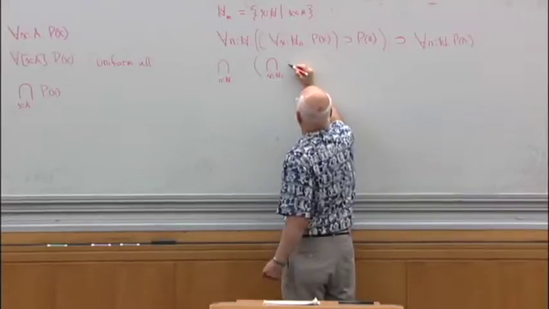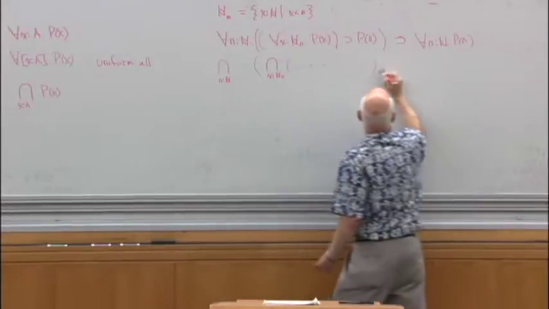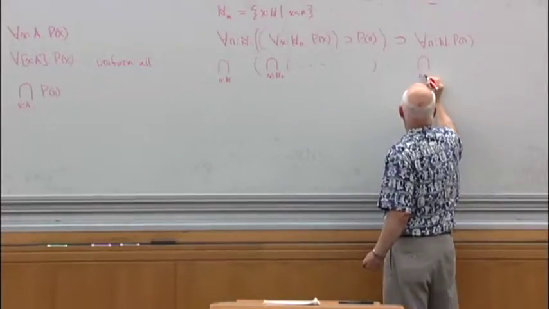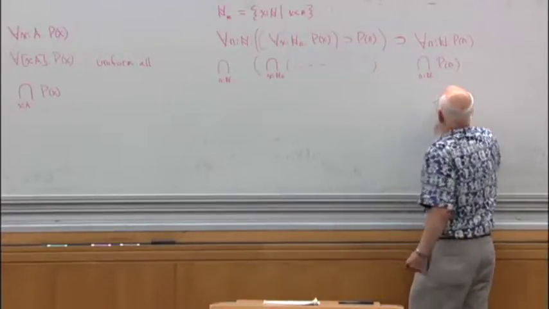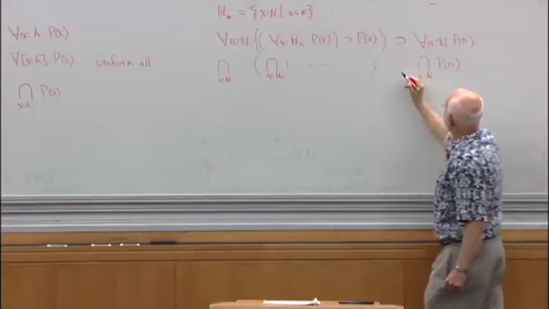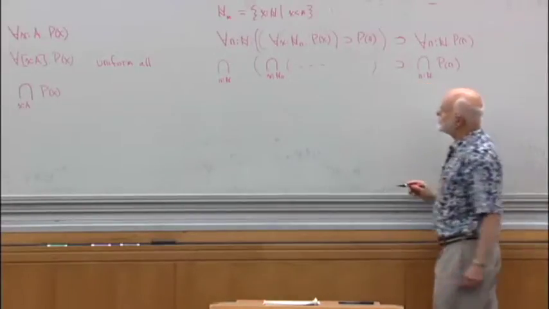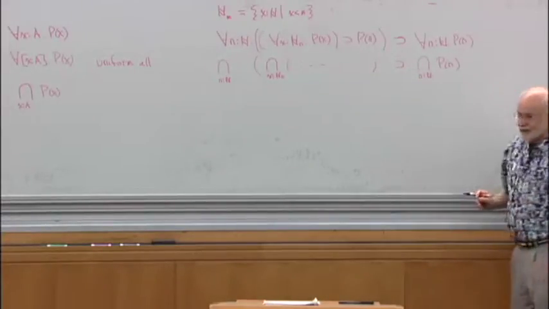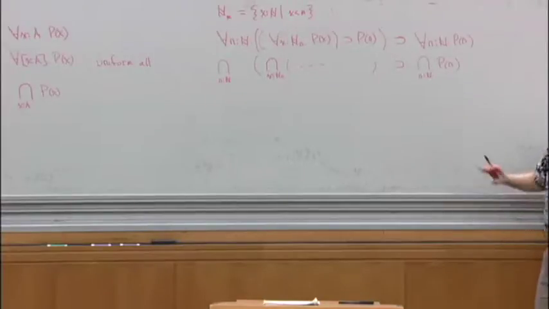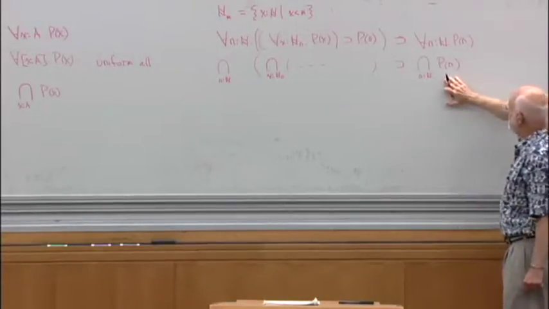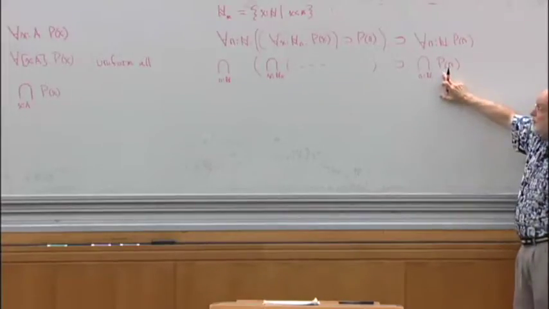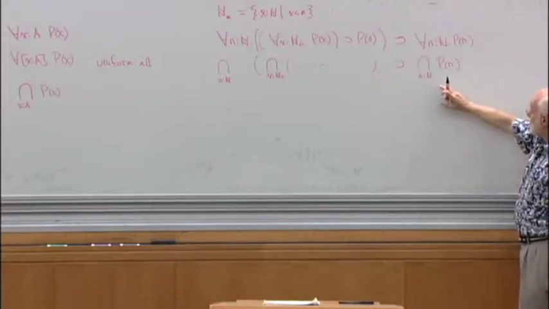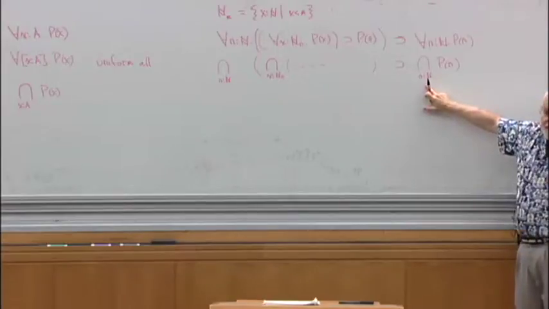And then at the outside, out here too, we'll have for all n in n, p of n. So does this make sense, first of all? So what we're looking at here, when we conclude that we're going to have something in p of n, we're not going to be able to use this n, right?